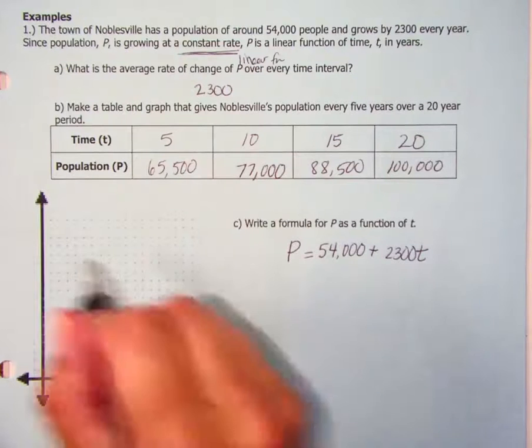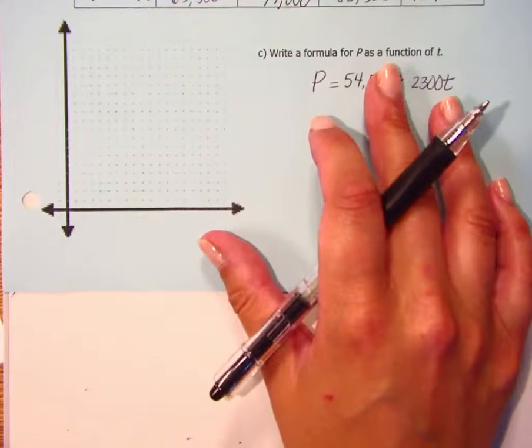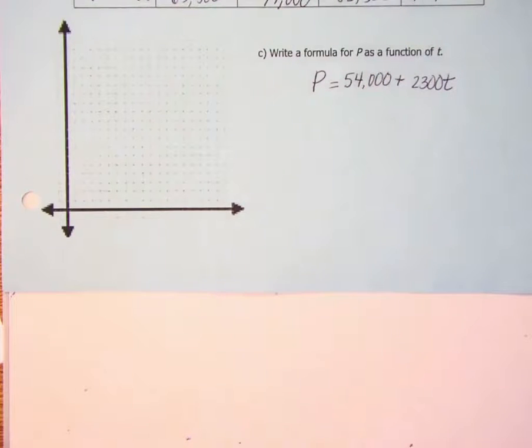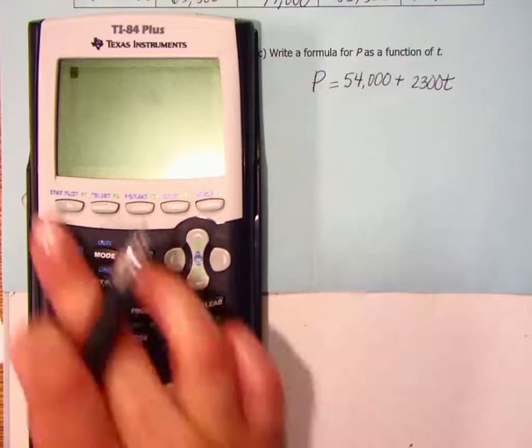Okay, so instead of graphing this by hand, which I'm going to assume that you guys know how to plot some points and get a line, let's just graph it on our calculators to see what this looks like.